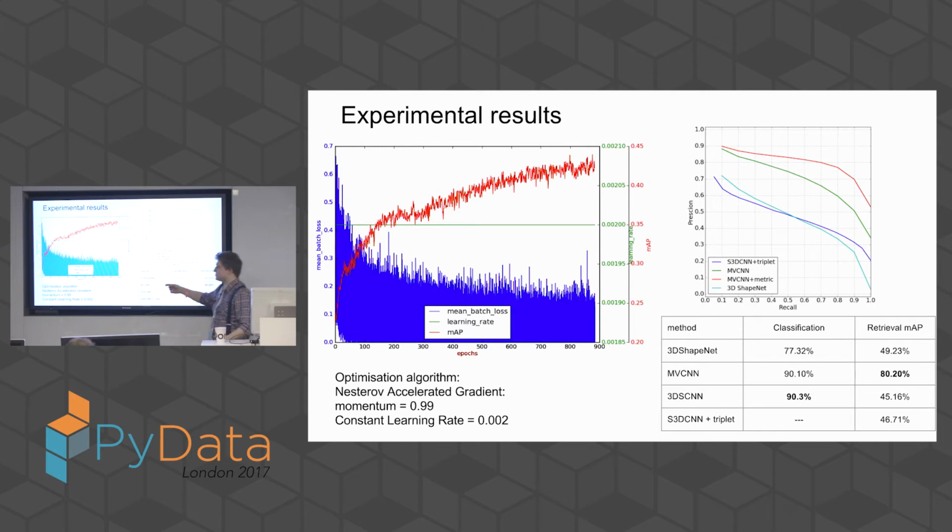This network, which uses multiple views as a representation, is actually pretty good at the retrieval task, because a lot of objects have one projection side where you can have a projection that would discriminate between classes very effectively. But we are pretty similar.